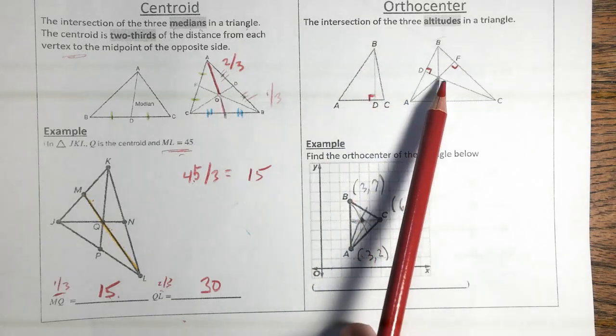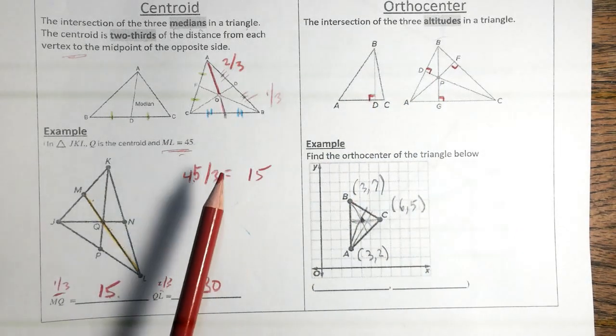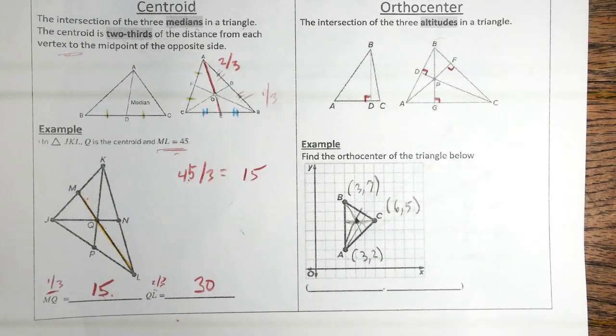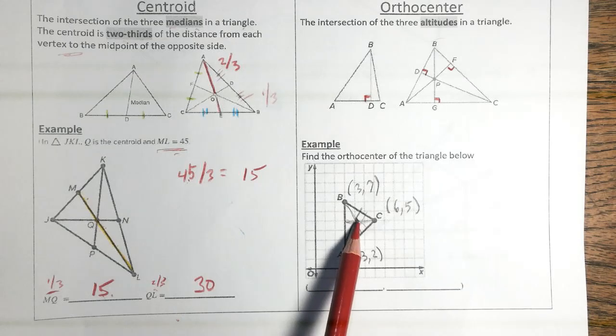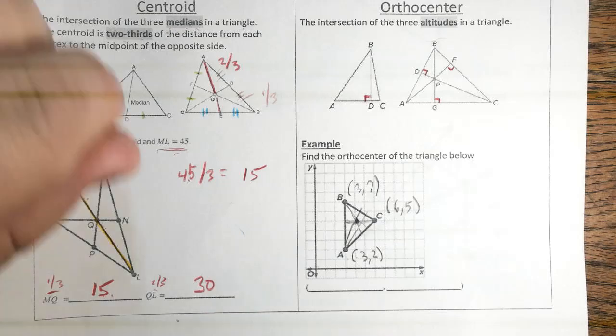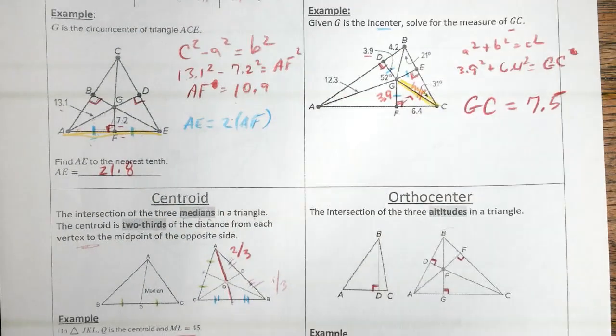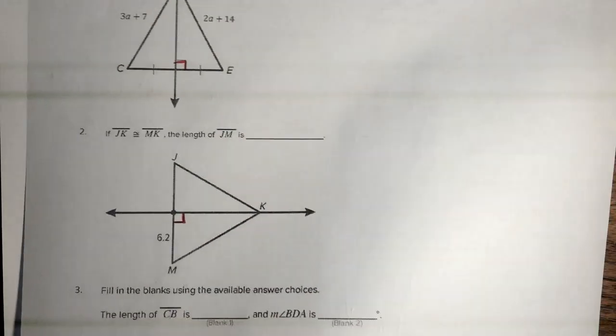There's one over here, just like over here. I want to find the orthocenter of the triangle below, and I keep working with it. I'm pretty sure that's it right here, but it doesn't cut it, so we're just going to skip this for now. I will do a video just on the orthocenter when I beat this little thing.